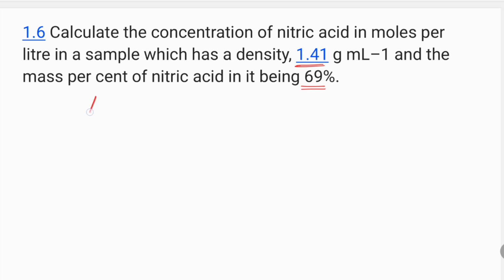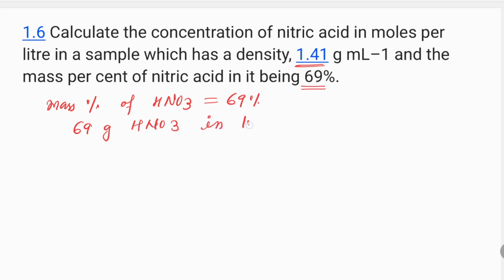So we have been given the mass percent of nitric acid, which is 69%, which means 69 gram nitric acid is present in 100 gram solution.